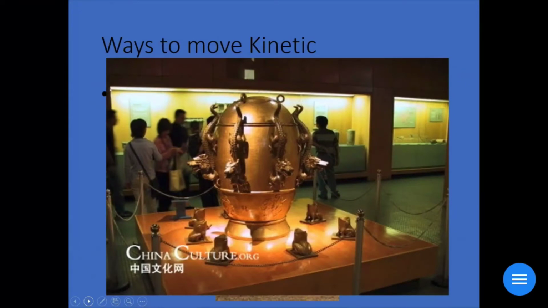This one happens to be a device in China that had been in use for hundreds of years to help determine when there was going to be an earthquake.